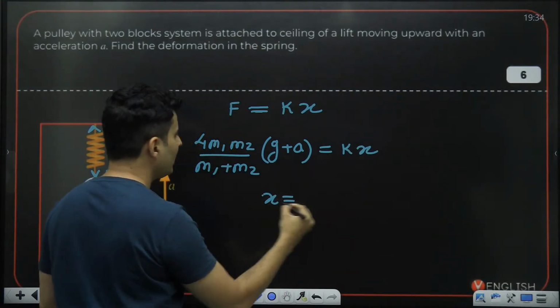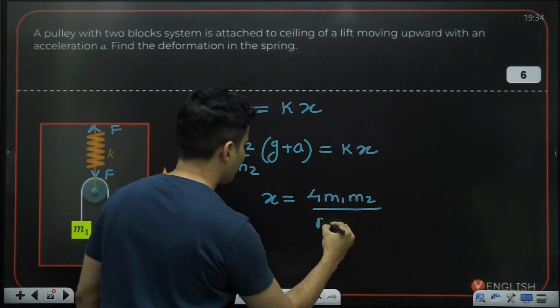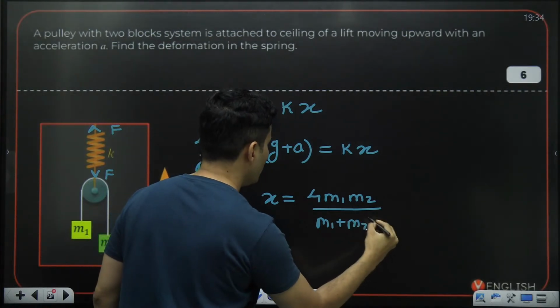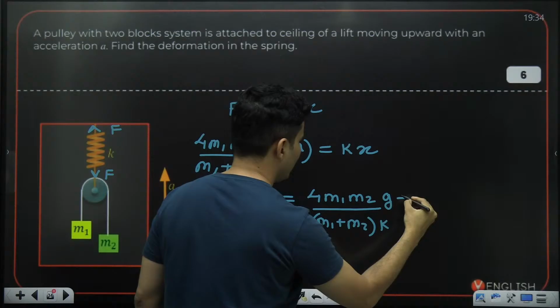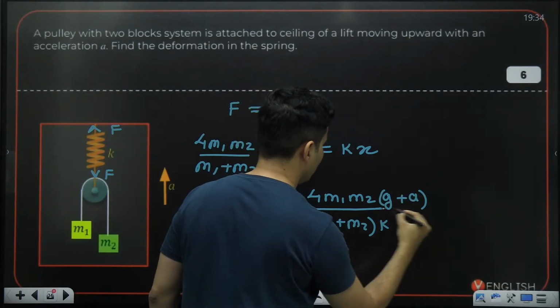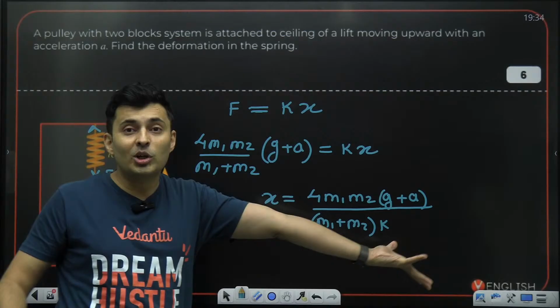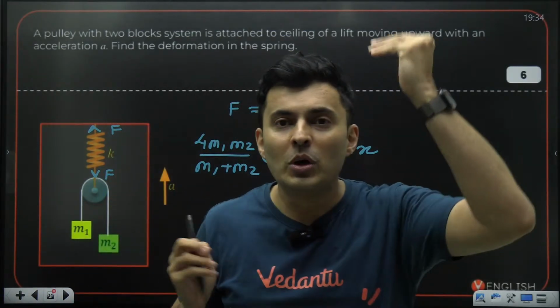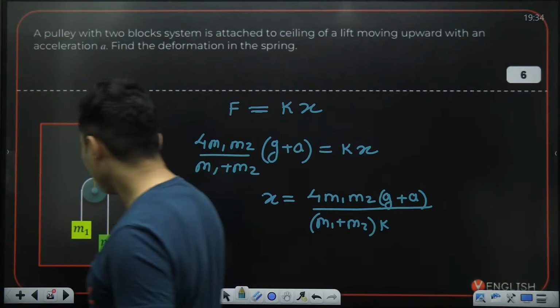So x will be 4m1m2 by (m1 plus m2), that k came down and that (g plus a) stayed on the top. That's the answer. It looks so complex, but the solution is so easy if you break down the problem into simpler steps.